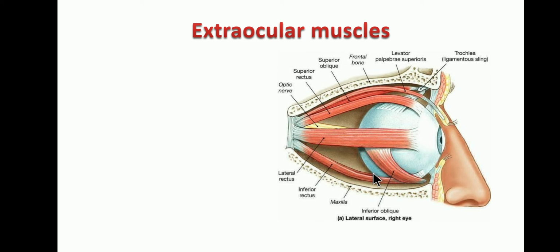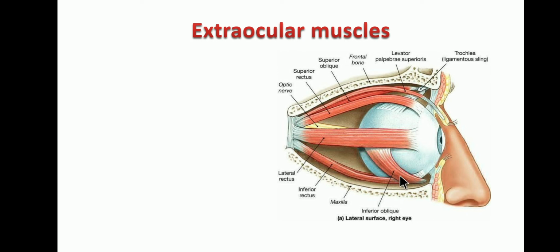First it passes backwards and laterally below the inferior rectus. Below the inferior rectus, it passes backwards and laterally, and also under cover of the lateral rectus, and is inserted into the sclera behind the equator at the posterior superior quadrant, nearer to the superior oblique, after turning upwards and backwards.